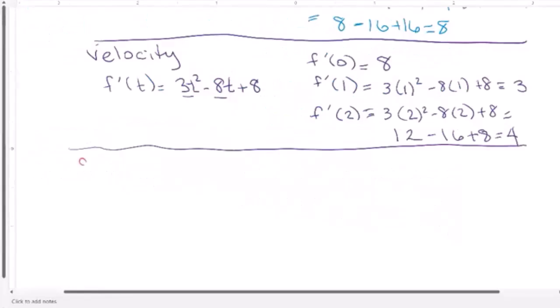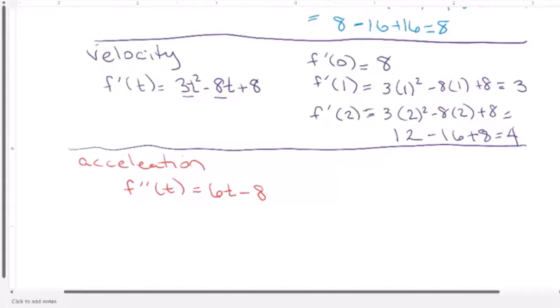So my acceleration, which is f double prime of t, or the second derivative, or the derivative of the derivative, is 3 times 2t, or 6t, minus 8, and my constant goes to a 0, so this is my second derivative.